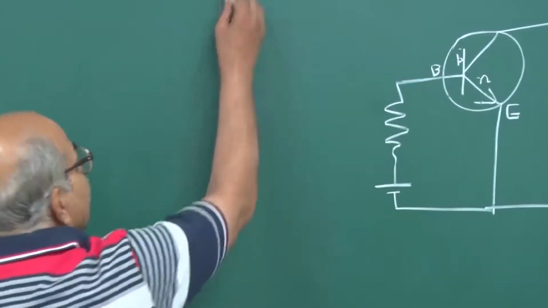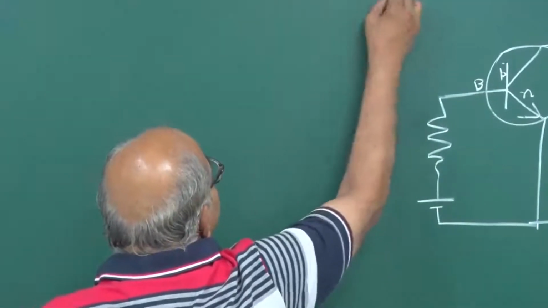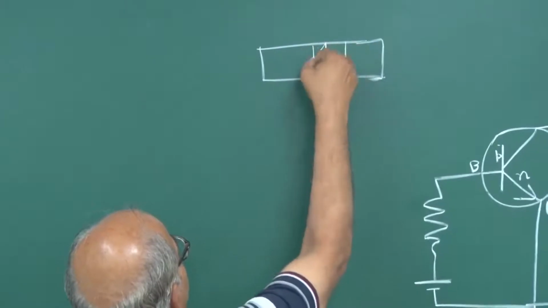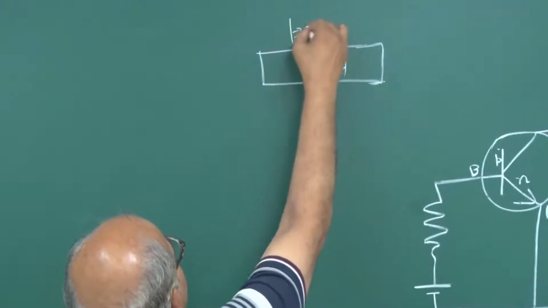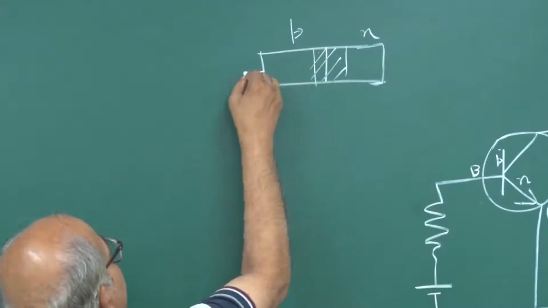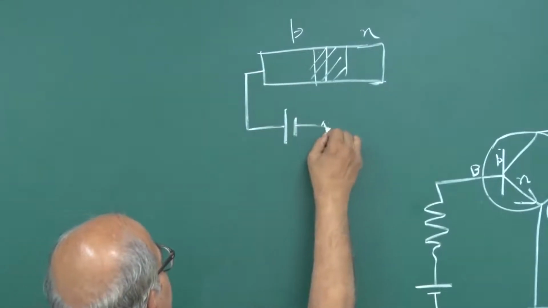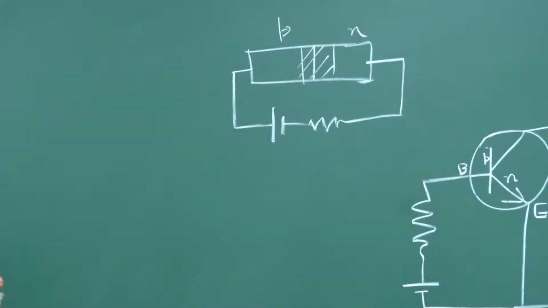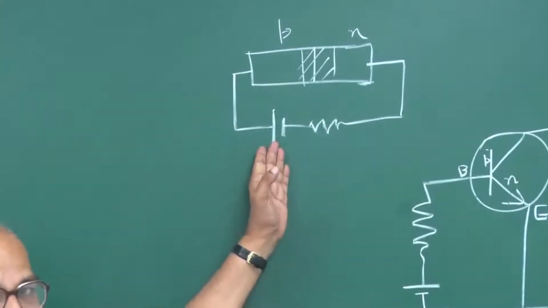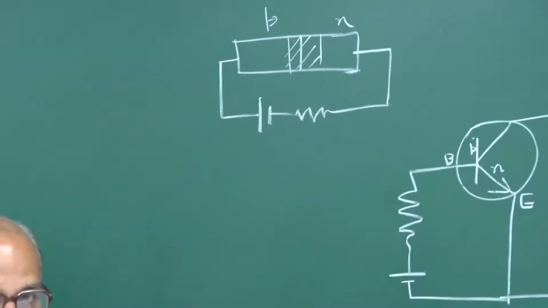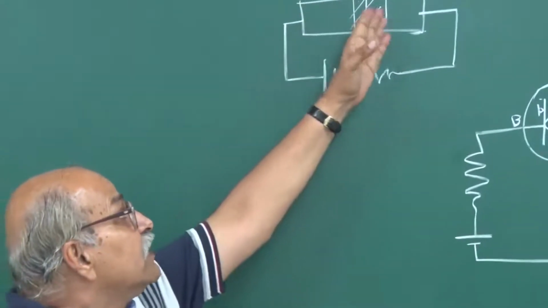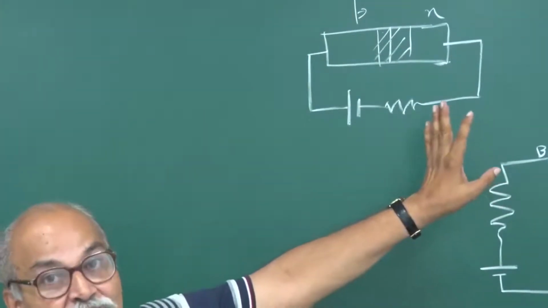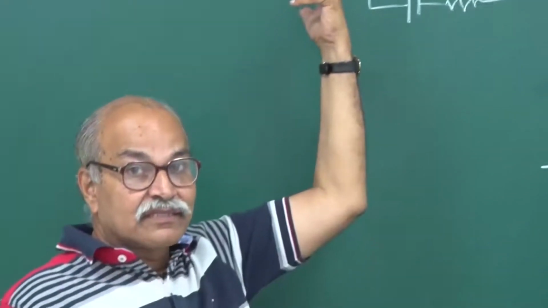So, what happens if you have a normal PN junction? If you have a normal PN junction, you have depletion layer, P side, N side, and then you forward bias it. Because of this biasing, the potential barrier decreases, and because of the large concentration gradient, majority carriers from both sides diffuse to the other side.